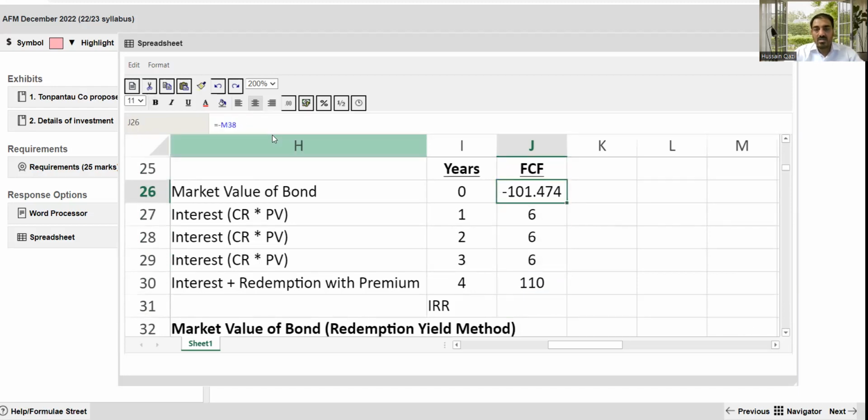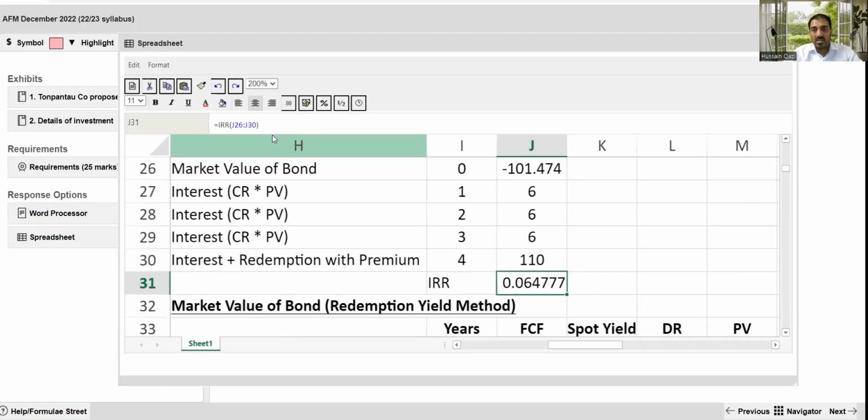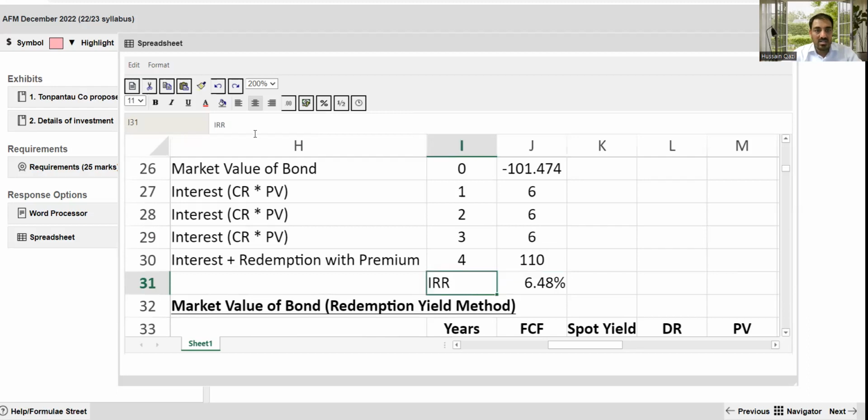Here the value is minus at year 0, investment 101.474, and then the returns. The IRR is 6.48%.